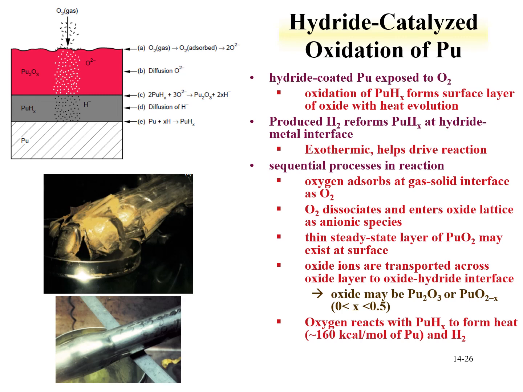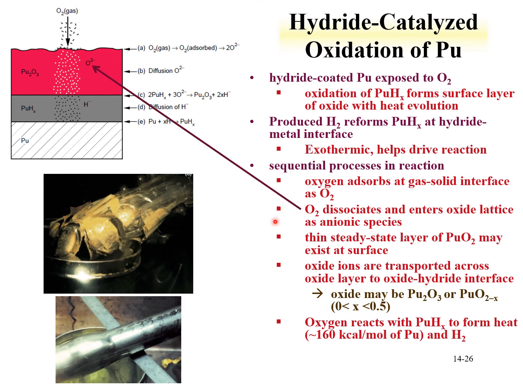The process is that oxygen absorbs at a gas-solid interface as the dioxide, as shown here. So this dioxide forms the plutonium-3, the Pu2O3 species. And as the O2 dissociates and enters the oxide lattice as the anionic species, as shown here, we get this layer of oxide, and a thin layer of the dioxide may exist at some surface or interface, but it's not a dominant species.